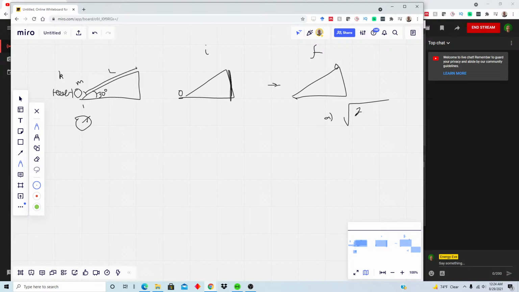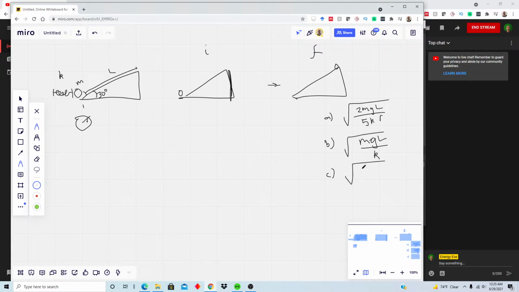Square root of 2 mgl, 5kl, 5kr. This next one is square root of mgl over k. The next one, square root of 2 mgl over k.